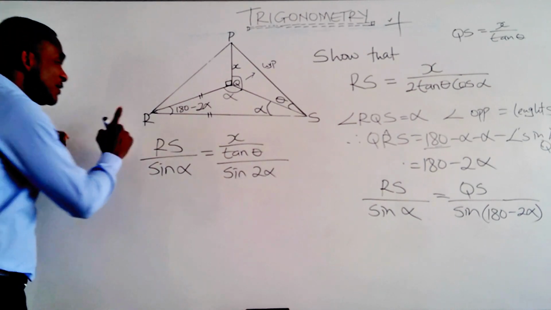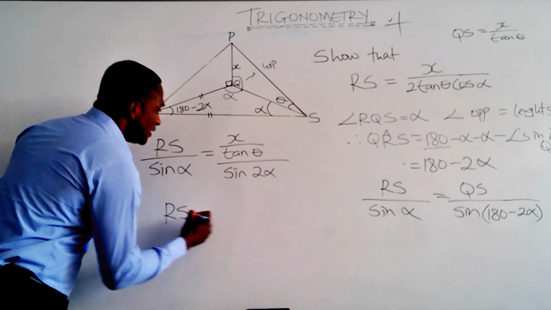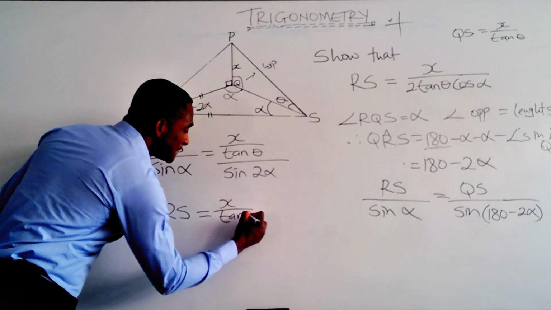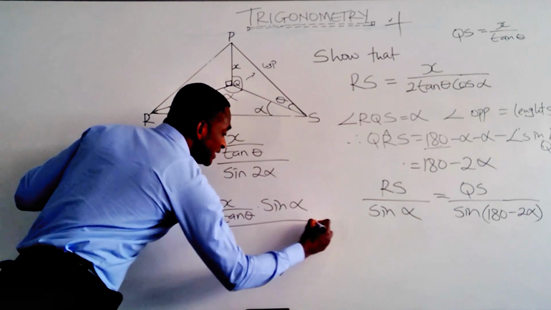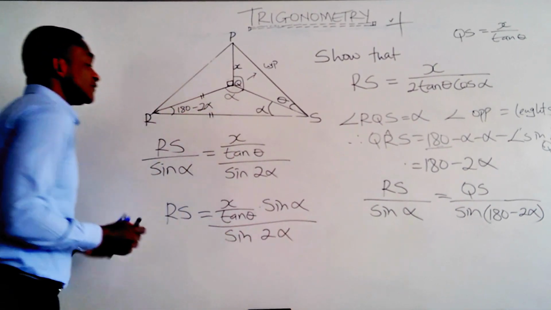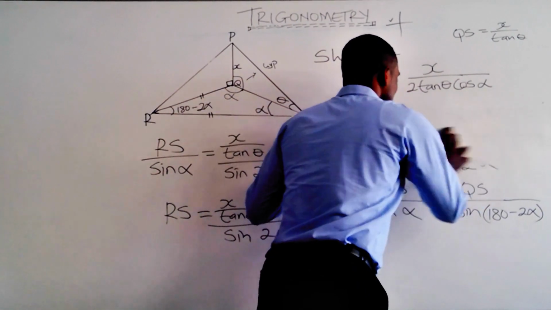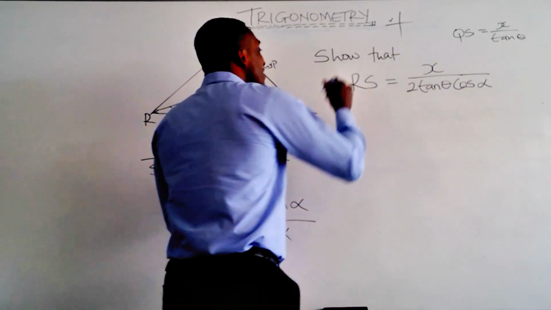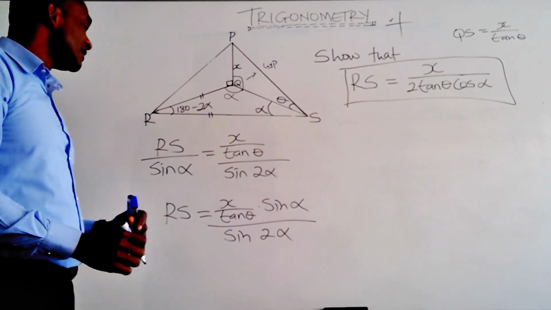Now let's simplify. Make RS the subject. We have RS is equal to x over tan theta, multiplied by sine alpha, divided by sine of 2 alpha. This is a little bit more complex, but we'll go on simplifying until we arrive at what they need. We don't stop until we get there.